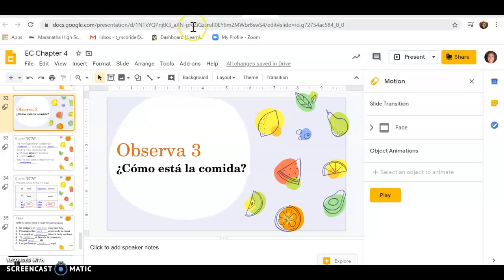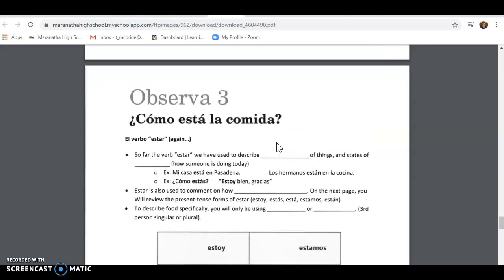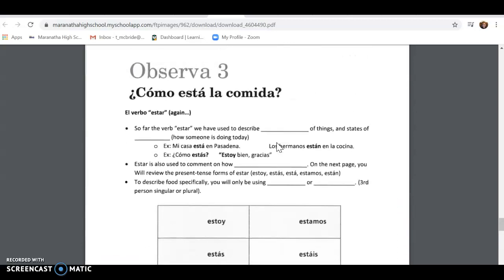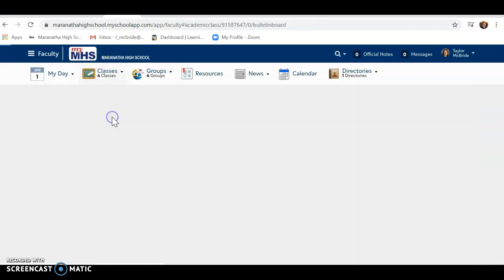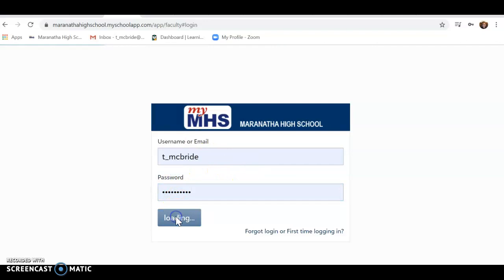So you're going to want to have this page of your paquetes. This would be page 8, I believe. Again, this is the part of the packet I sent you about 2 weeks ago. If you somehow don't have a copy, there is one available under topics on my MHS. Sorry, it would help if I was logged in and I could show you.